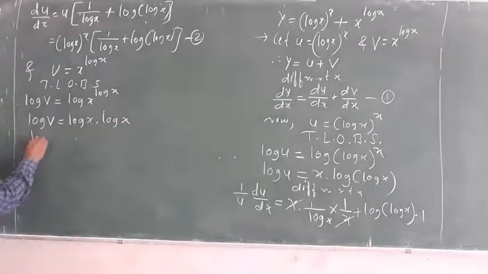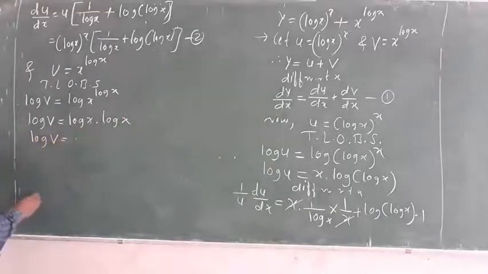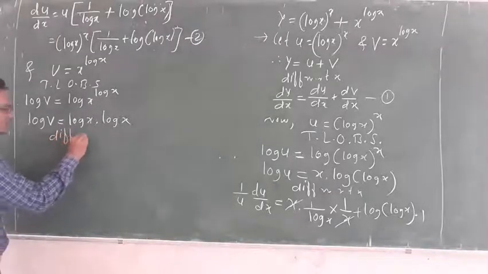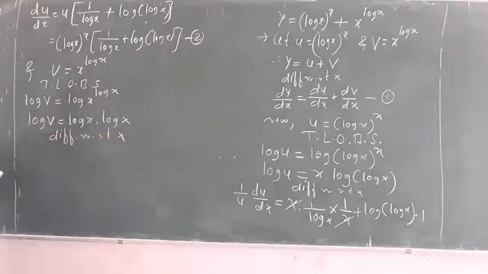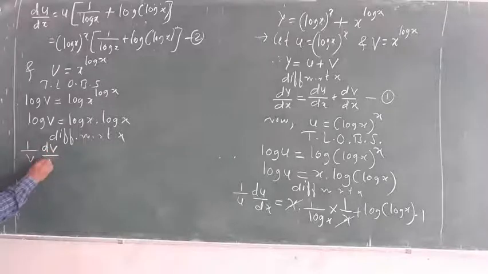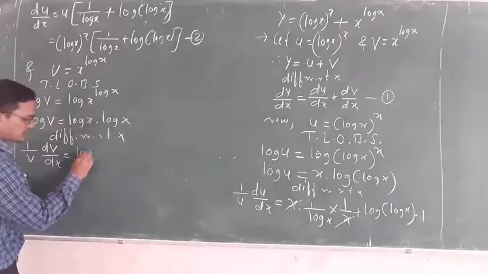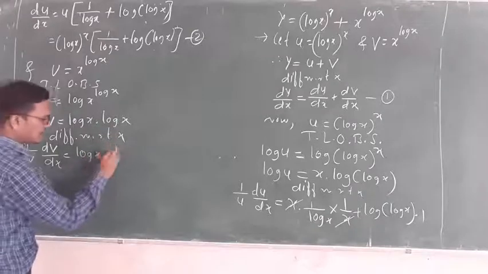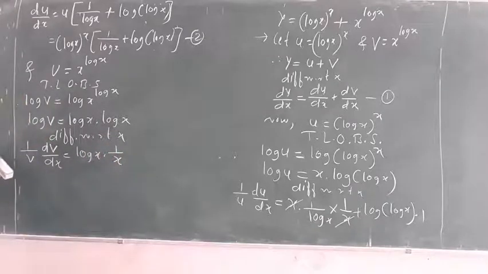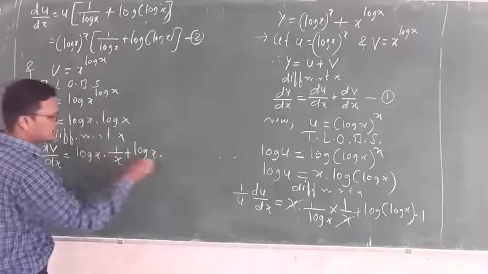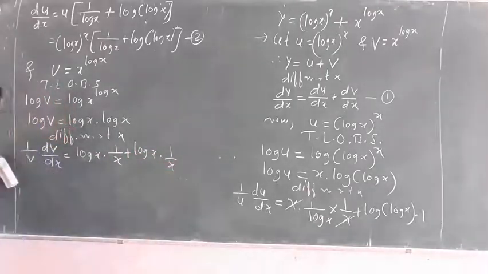Or we can differentiate directly also using the product rule. So differentiate with respect to x: 1 by v dv by dx, which is equal to first log x constant into the derivative of log x, which is 1 by x, plus second log x constant into the derivative of first log x, again 1 by x.